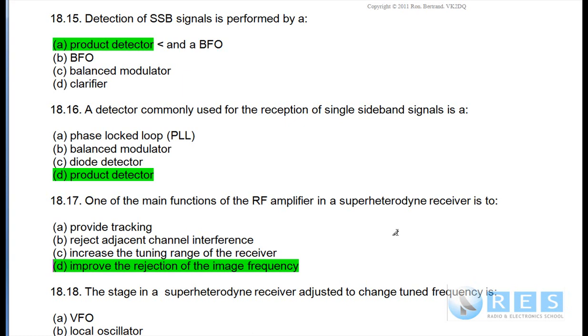So the bandwidth of an RF amplifier in a receiver might be 200 or 300 kilohertz. However, if the first IF is a high IF, say 10.7 megahertz, then the image frequency is going to be a long way out of the passband of the RF amplifier, so the RF amplifier is going to help reject that image interference. Not sure? Go back and look at the tutorial again.